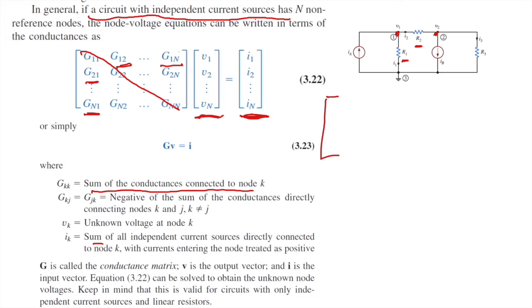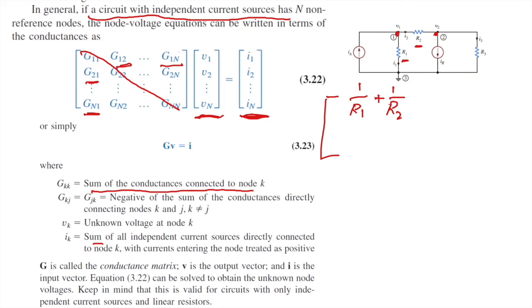So the element G11 equals the sum of the conductance connected to node 1, which means it equals 1 over R1 plus 1 over R2.